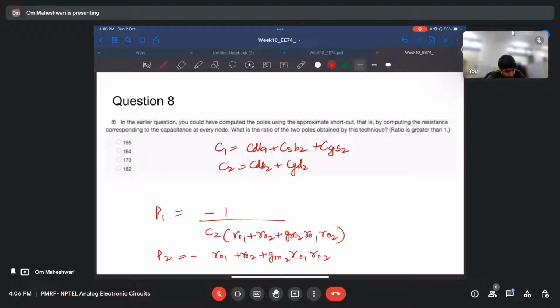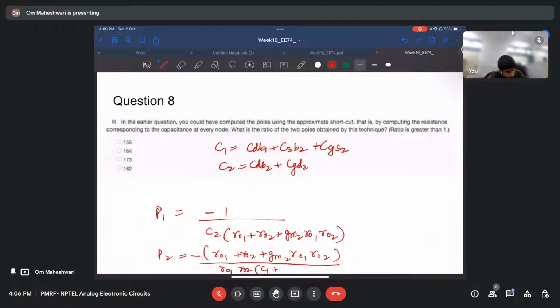Okay. Minus is common. Divide by RO1 RO2 C1 plus CGD1. So these formulas are already given in question 6.